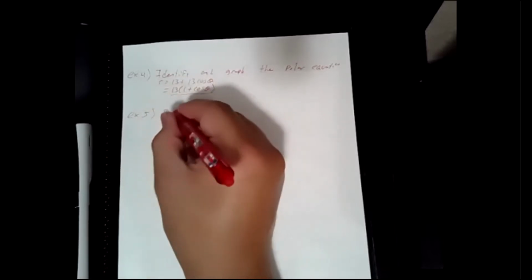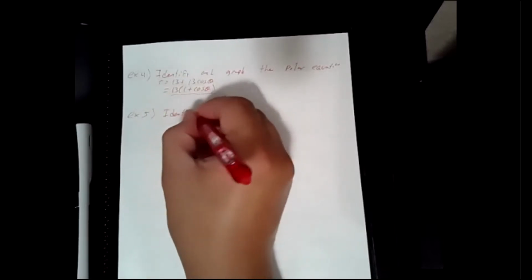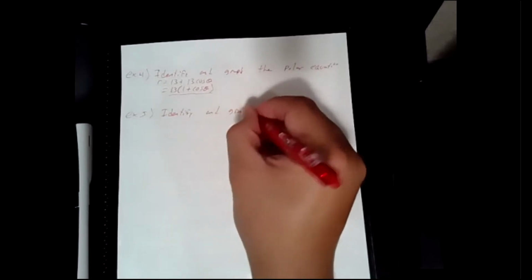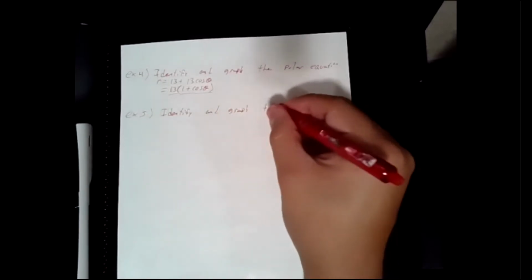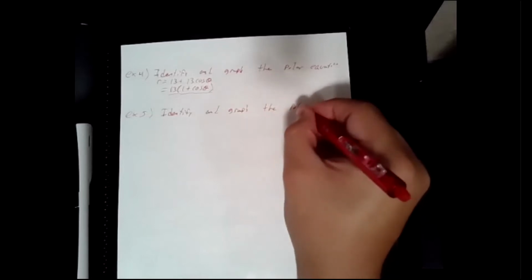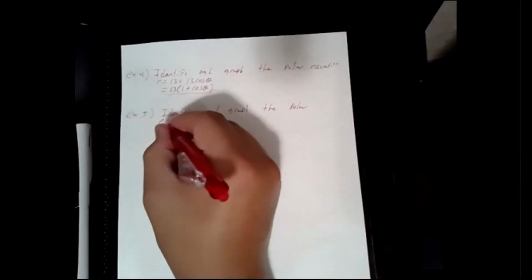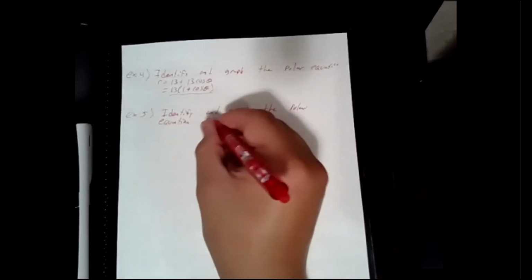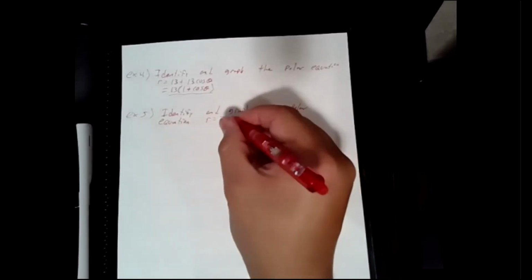Oh, this is a good one. Example 5. It's the same deal. Identify and graph the polar equation. R equal to 7 cosine 2 theta.